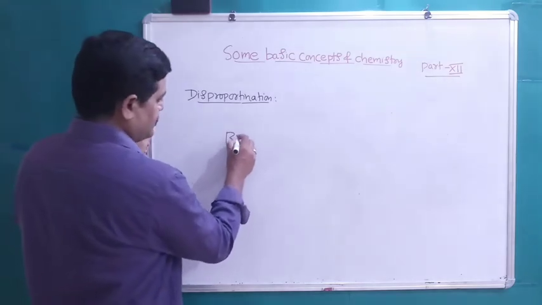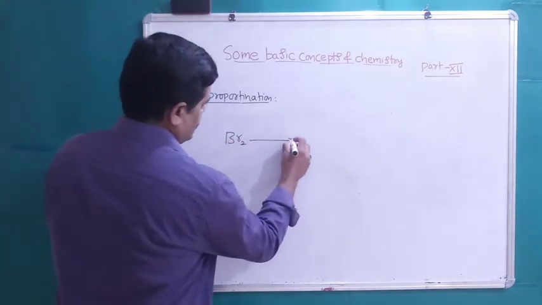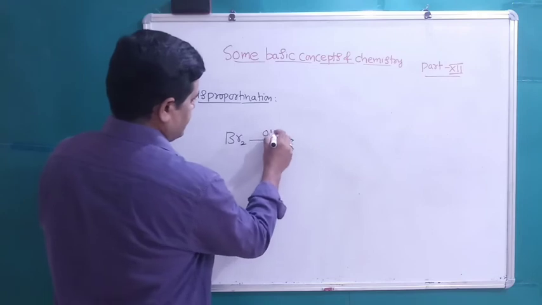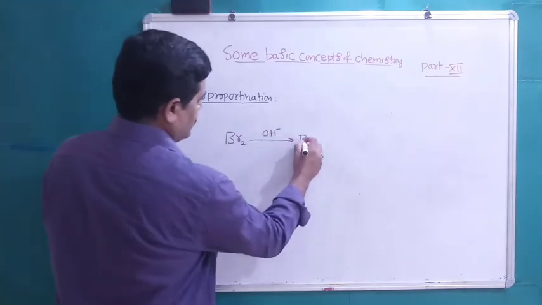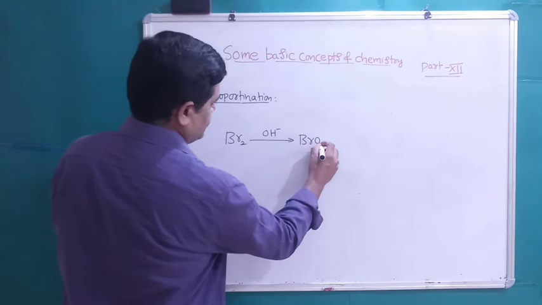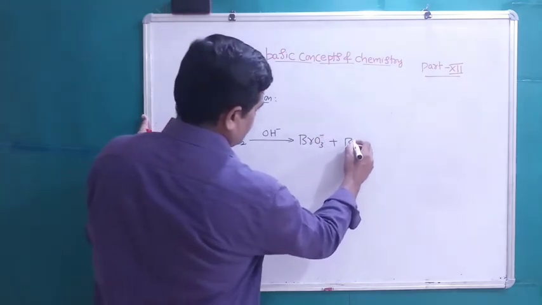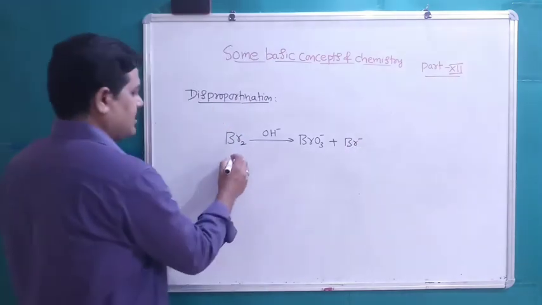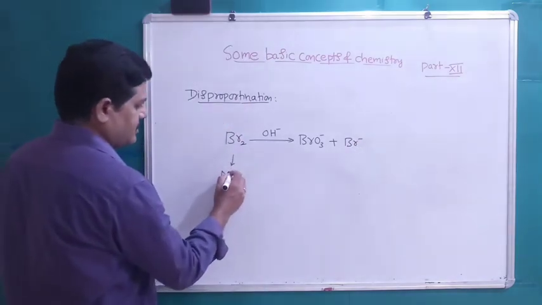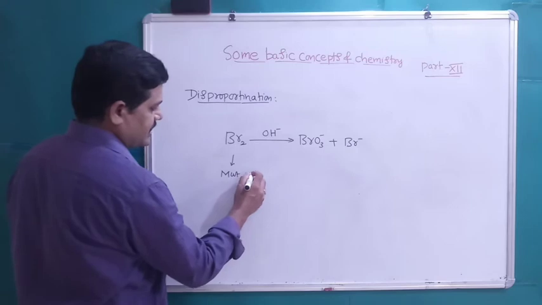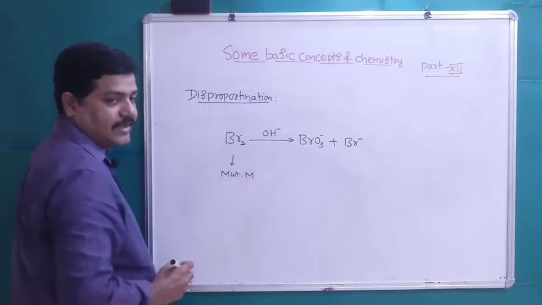So Br2 in the alkaline medium, it is undergoing disproportionation, which gives BrO3 minus plus Br minus. If the molecular weight of Br2 is M, what is the equivalent weight?